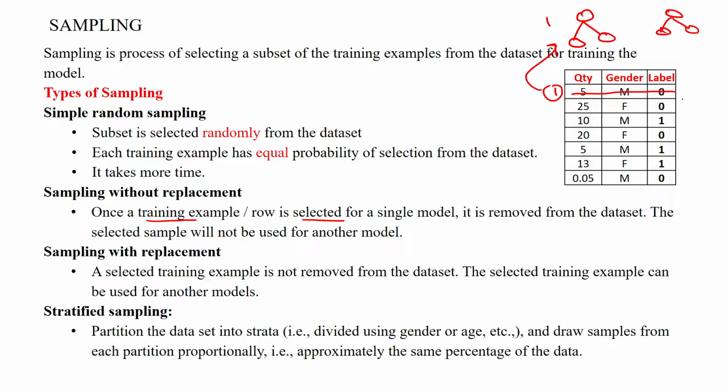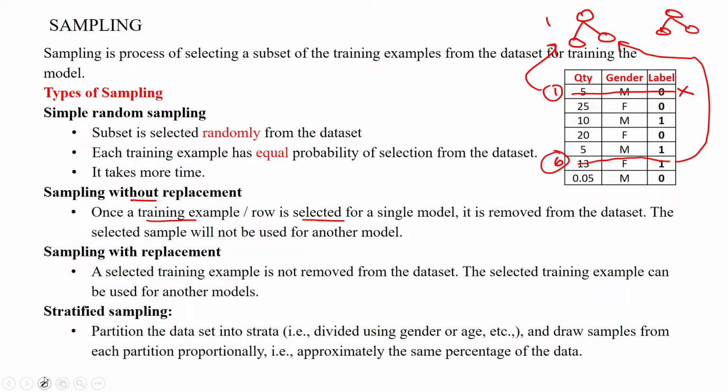For decision tree 2, I cannot select sample number 1. That is called sampling without replacement. Suppose I select sample number 6 for decision tree 1, then this 6 cannot be selected for decision tree 2. That is the meaning of sampling without replacement.